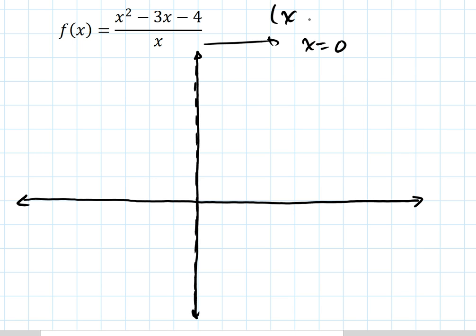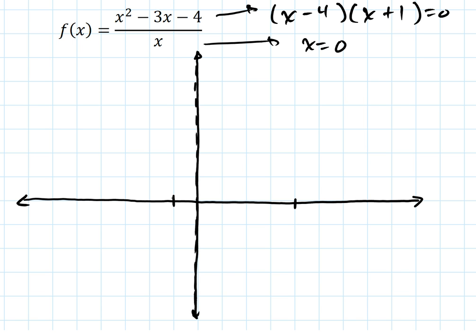This looks pretty straightforward to factor. We've got minus 4 and plus 1, which is equivalent to my numerator, so I can see that I have two zeros, one at positive 4, 1, 2, 3, 4, there's a zero, and another one at negative 1. Again, no horizontal asymptotes and just the one vertical asymptote.